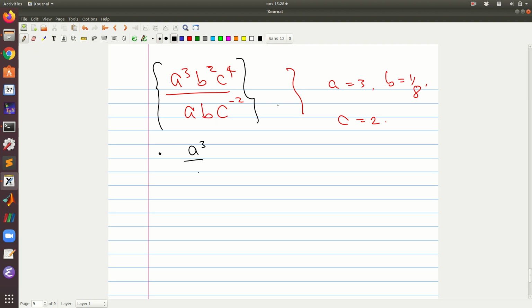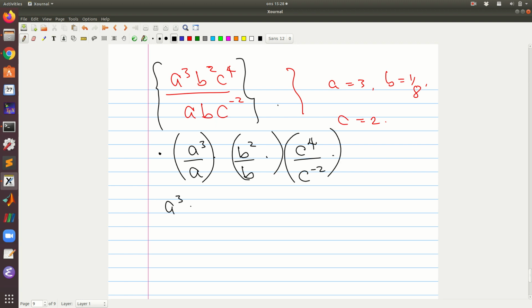So we know from the first or the second video that first we can split this in this form, and then maybe write it this way. Remember there is a silent power 1 there, which we don't write. b squared divided by b, c to the power 4 divided by c to the power negative 2.